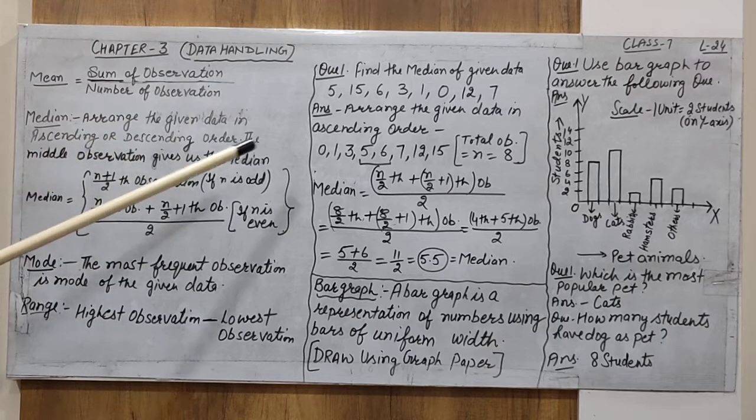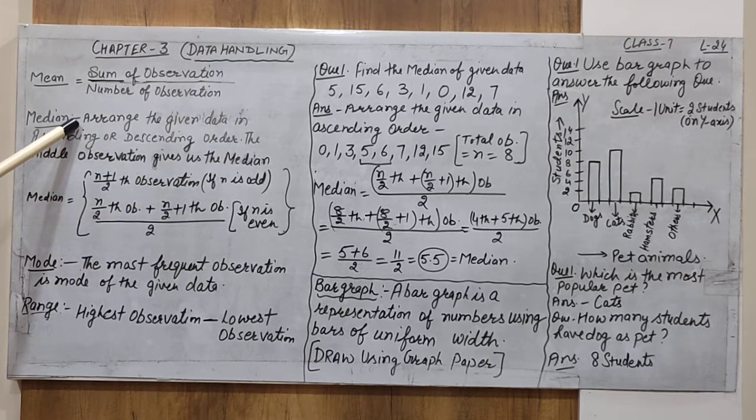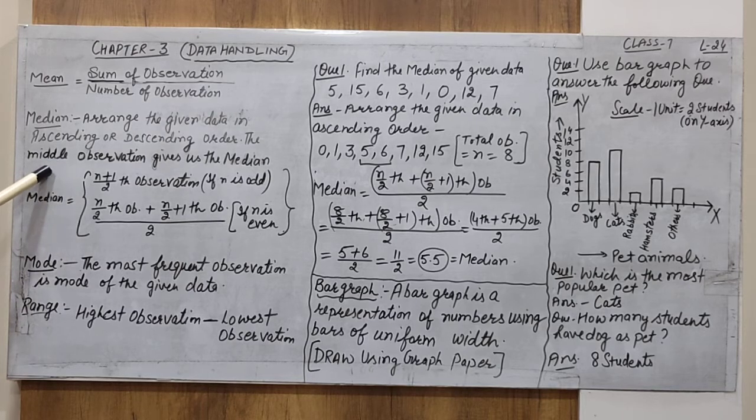Alright, the next step is that the middle observation gives us the median. So first we arrange the data in ascending or descending order, and next we find the middle observation.